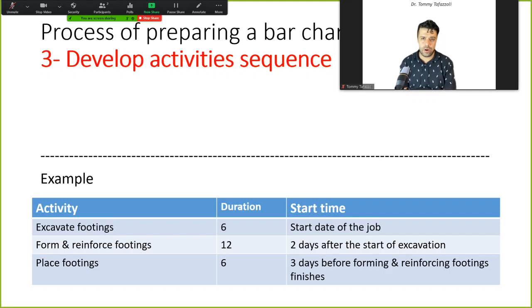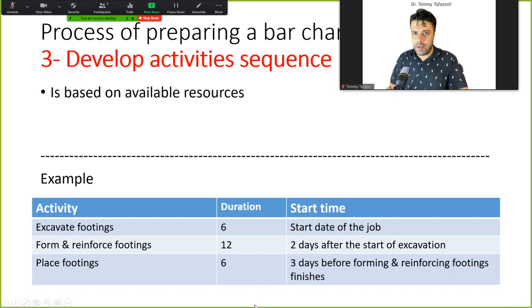Usually, the superintendent or project manager will help you find special logics between activities. And sometimes it's very difficult, if not impossible, for the scheduler to figure out all these dependencies alone. So you have to reach out to people and ask them what they think about this logic, and then based on that, you might make changes to make everybody almost happy. That's the goal. And almost has a meaning because you can never make them quite happy.